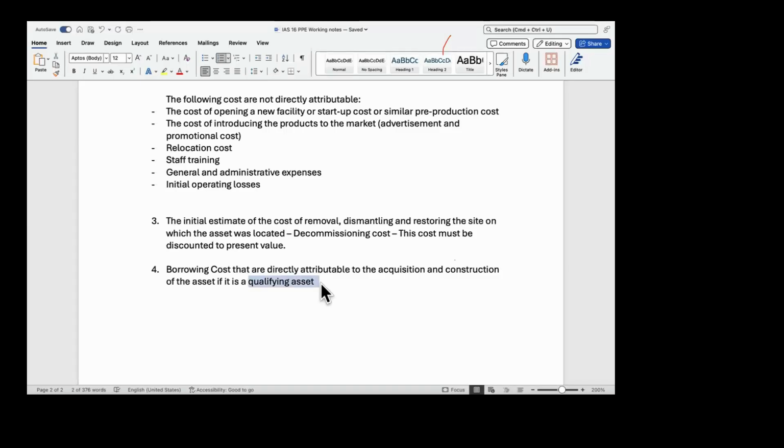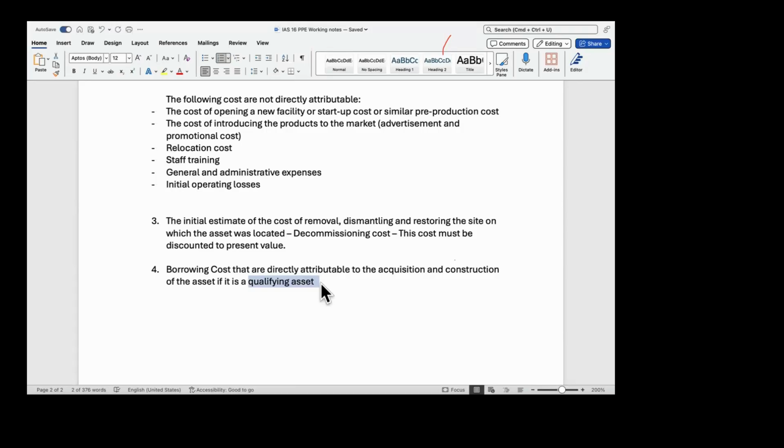Any asset that is not a qualifying asset, you would not capitalize the borrowing cost. It's only qualifying assets that you capitalize the borrowing cost.